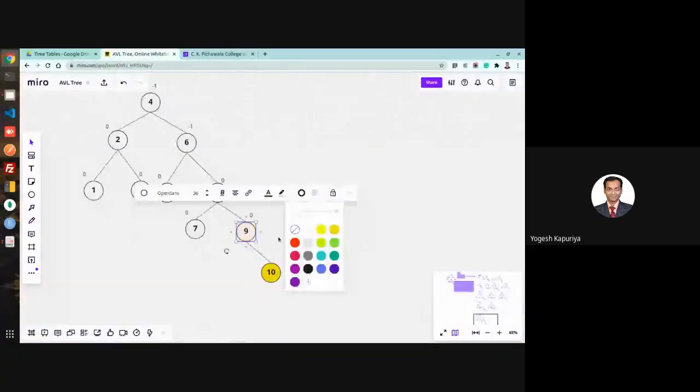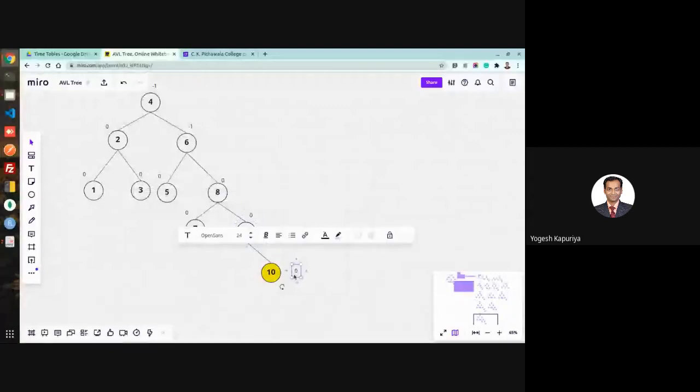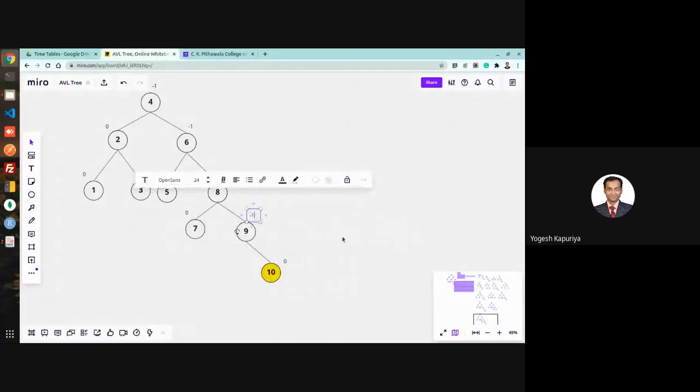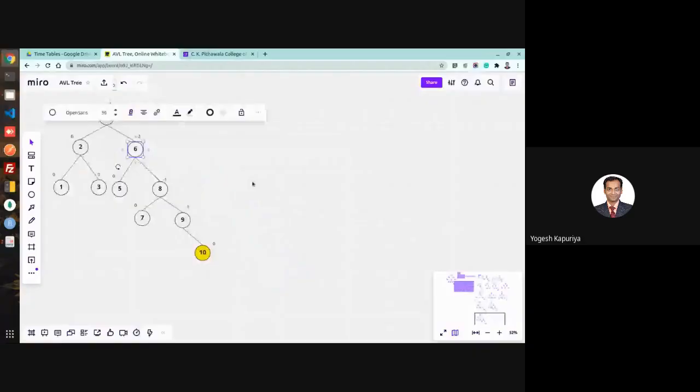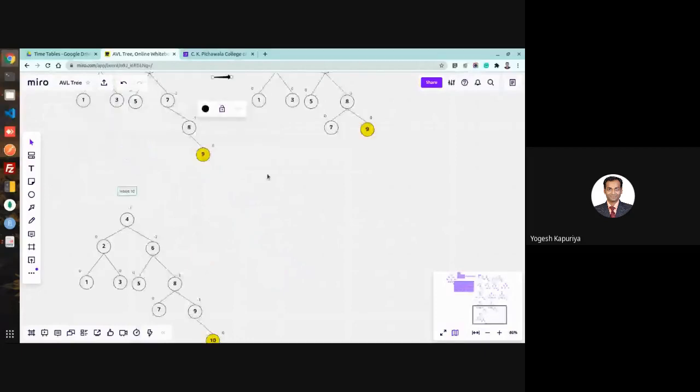Compute the balance factor. Okay, so 0, this will be minus 1, this will be 1 minus 2, so minus 1. This is 1 minus 1, 2, and 3, so minus 2 means we have to stop.